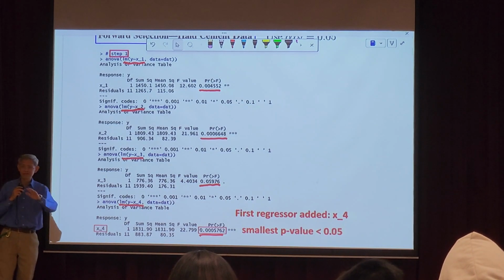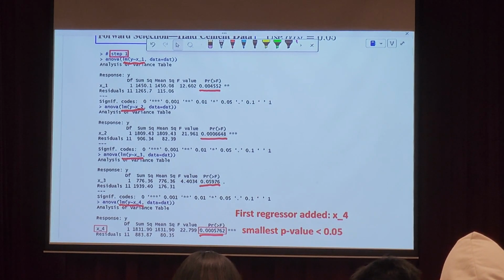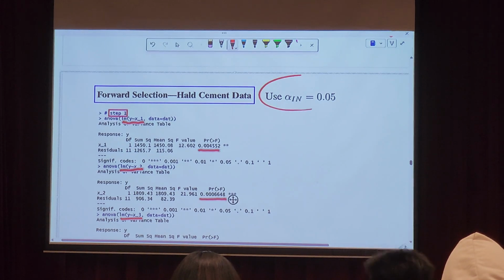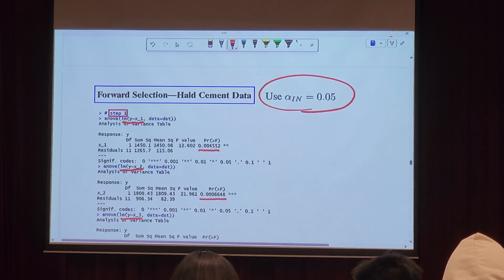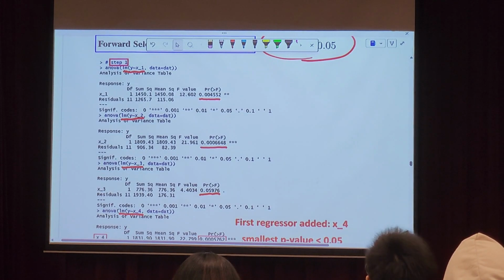Is there any p-value that is larger than alpha in? What is our alpha in here? What's my choice? 0.05. So which regressor variable can be considered in our model as our first regressor variable.